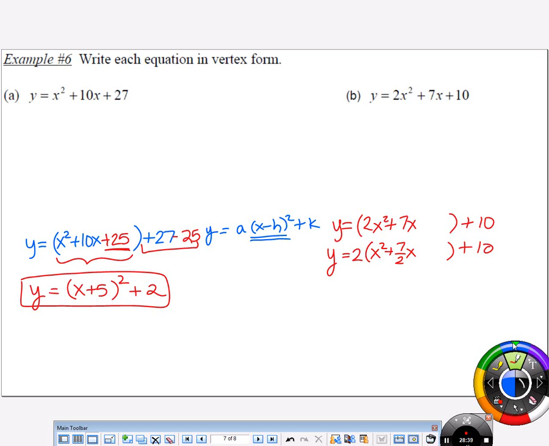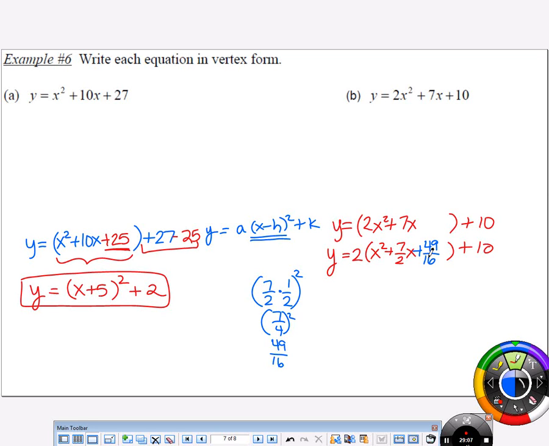So I'm going to take 7 over 2. I'm going to divide it by 2, which is the same as multiplying it by 1/2, and then I'm going to square it. So this is the same numbers we dealt with before, so we get 49 over 16. Now again, I just wrote 49 over 16, but what is that really worth since it's being multiplied by 2?